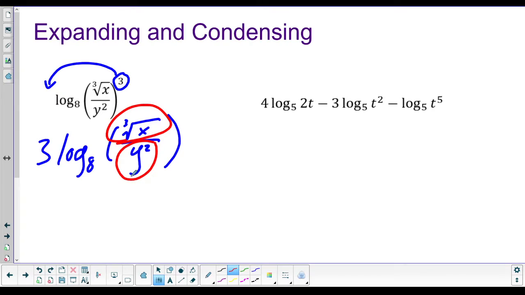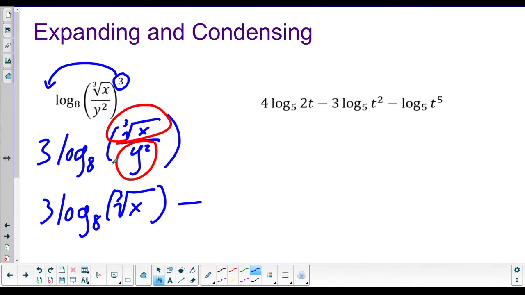And remember, the bottom is always the one that gets the log with the negative on it. So we're still going to have this 3 log base 8 of the cube root of x, minus, because this is on the denominator, 3 log of y squared.